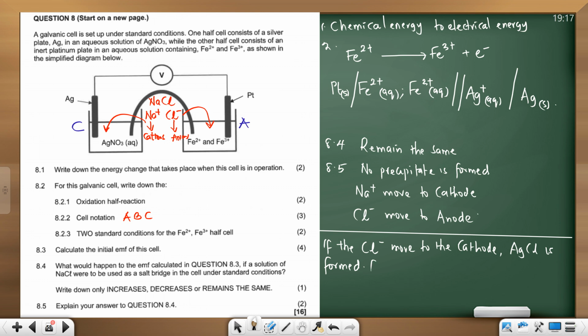It means the concentration of Ag ions will what? Decrease. Remember, it should be 1 mole. If the cathode decreases, you know what's going to happen? Already we have formed the precipitate, right? Look at what happens. The system will favor, this is Le Chatelier, the system will favor.